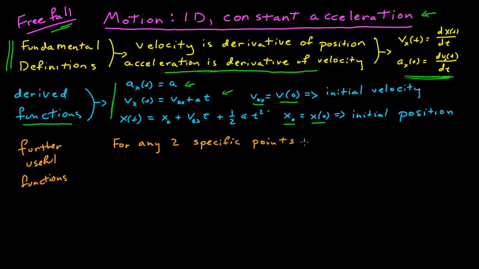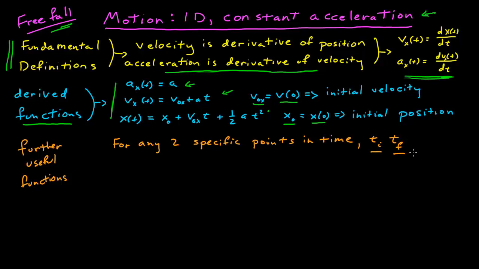So I have these nice functions that are valid for all time, and that's great. But often I'm just looking for some specific points in time, some initial time and some final time.